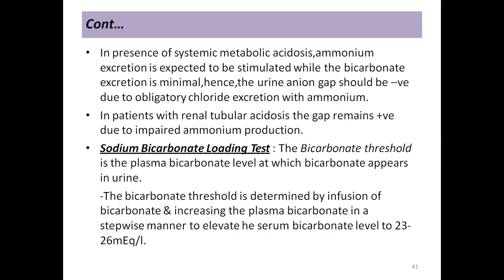The bicarbonate threshold is the plasma bicarbonate level at which bicarbonate appears in urine. Usually it doesn't appear, it is completely reabsorbed. The bicarbonate threshold is determined by infusion of bicarbonate and increasing the plasma bicarbonate in a stepwise manner to elevate the serum bicarbonate level to 23 to 26 milliequivalent per liter of blood.